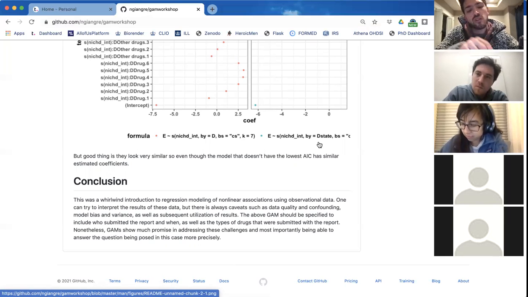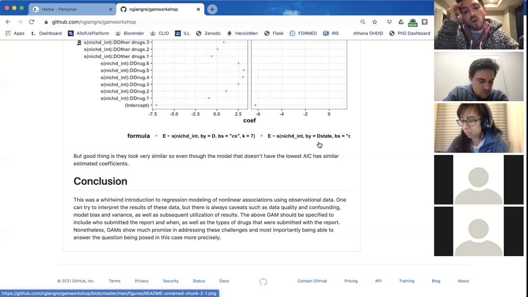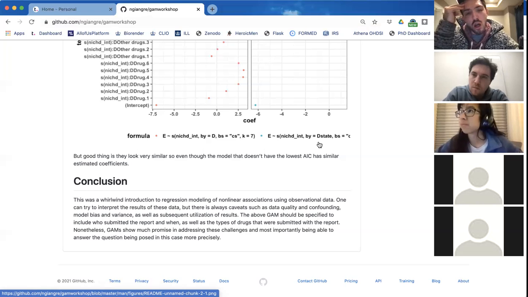Now, the interpretation of your results to have real world impact has a lot of caveats, like Jocelyn mentioned, about data quality and confounding, model bias and variance, and other utilization of results. And that's usually taken into account in analysis.